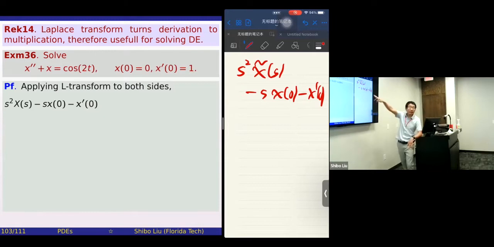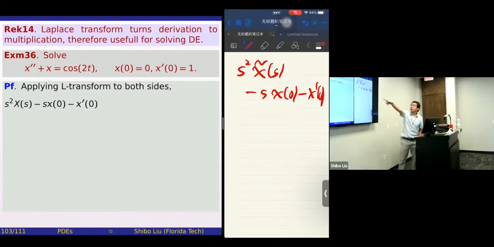Then you use the initial conditions to determine the constants C1 and C2 and obtain the precise solution of this initial value problem. But using the method of Laplace transform, the initial condition has already been encoded in your computation. That is the advantage.